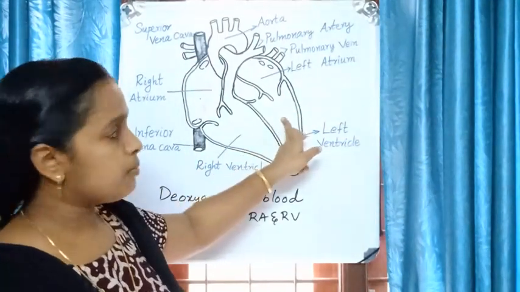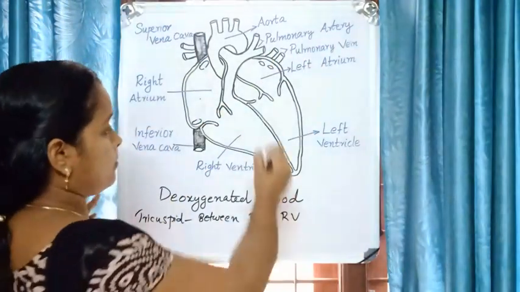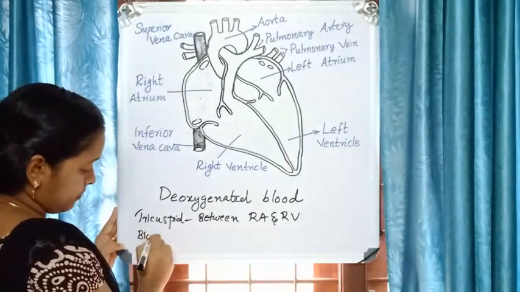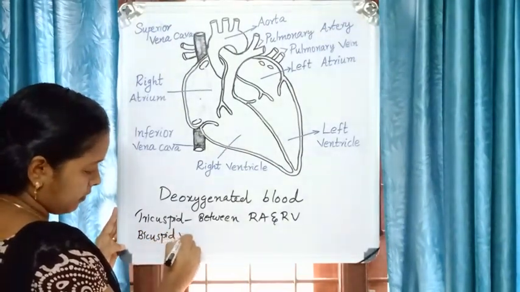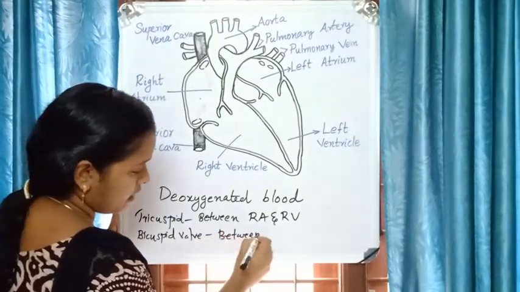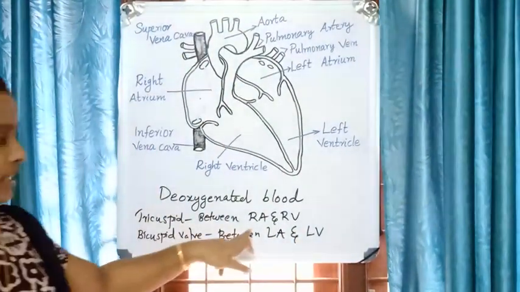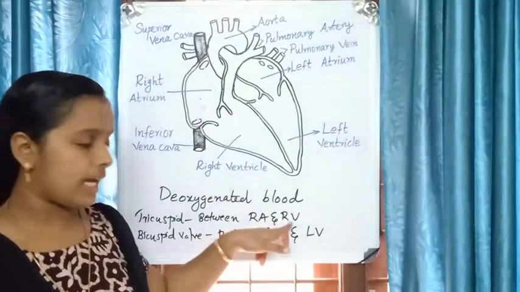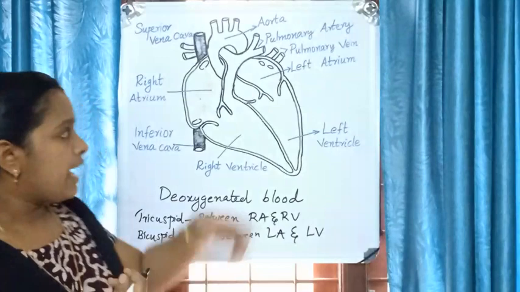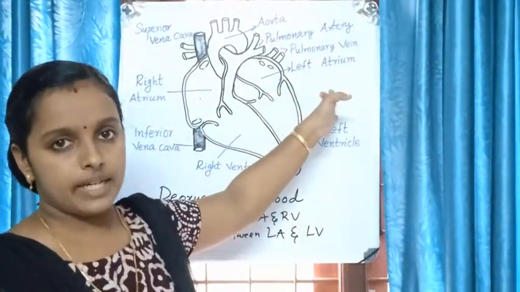If the blood tries to move backward, this opening will close. The name of this valve is the bicuspid valve, between the left auricle and left ventricle. This is a short form of right auricle and right ventricle. The tricuspid valve is located on our right side, and the bicuspid valve is located on our left side.